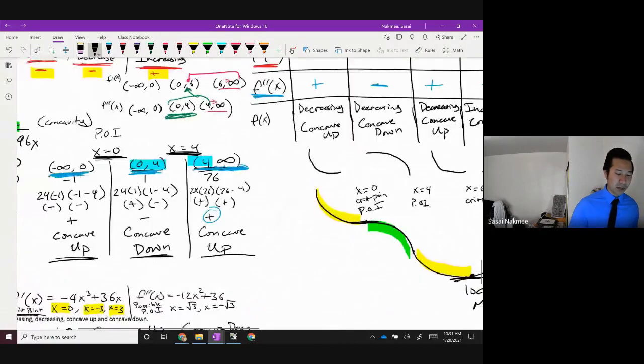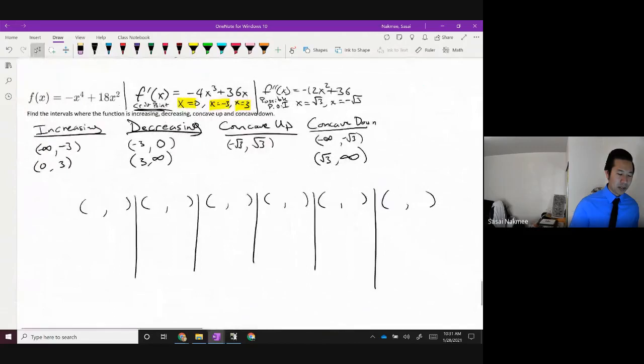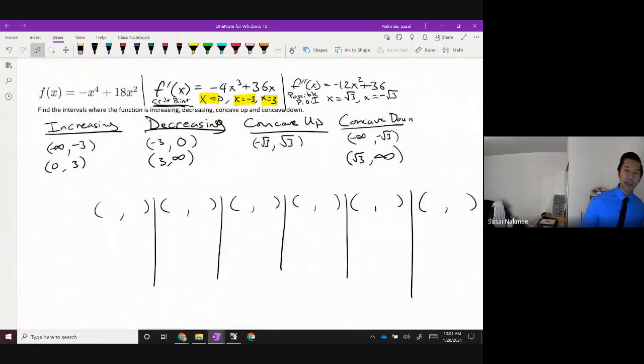I'm asking you to do the same thing for these 7 intervals. I'm giving you the hint that it ends up being just 6 intervals when we combine these together. So can you do that real quick? I think this is the last thing I'm going to ask from you guys: to combine these intervals for me.